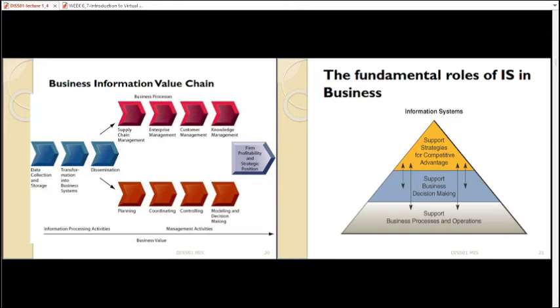From there, we can have the middle management, or the tactical, where we have support for business decision making. Here we can be making decisions concerning what particular kinds of products and all that, and we would have heads of sections making decisions regarding maybe a particular product.